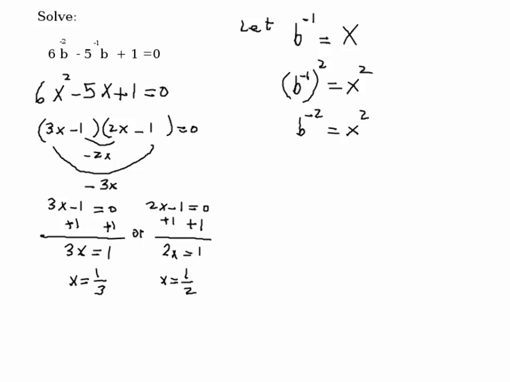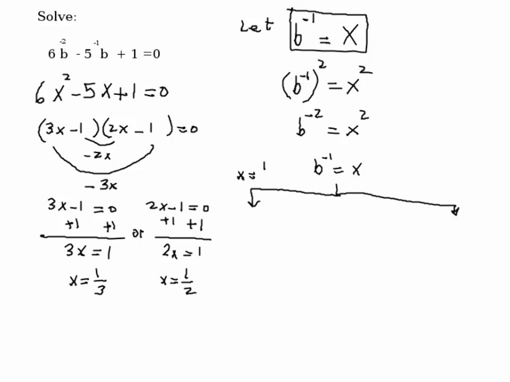Again, we're not solving for x, we're solving for b. So we have to go back to our original assumptions. We assumed that x is equal to b to the power of minus 1. So we can start with that. We said b to the power of minus 1 is equal to x. We found two values here for x.